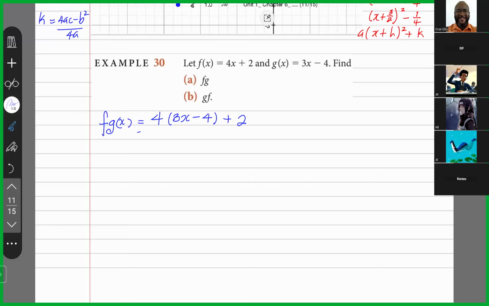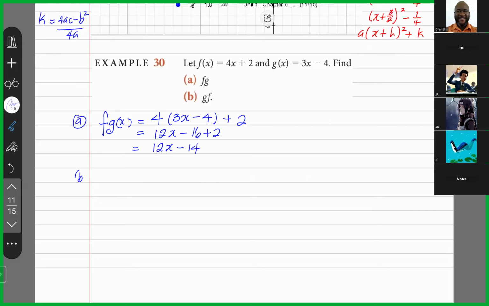Then I'm going to simplify. Distributive law, 4 times 3 is 12. 4 times 4 is 16. This is 12x plus 16. F of g of x is 12x plus 16. So that's A.